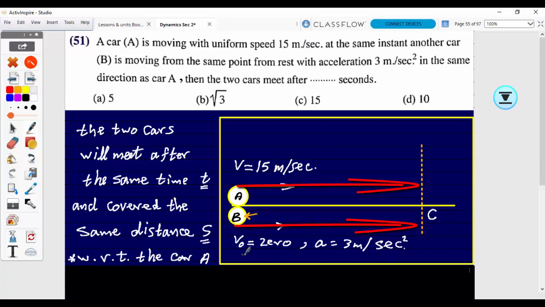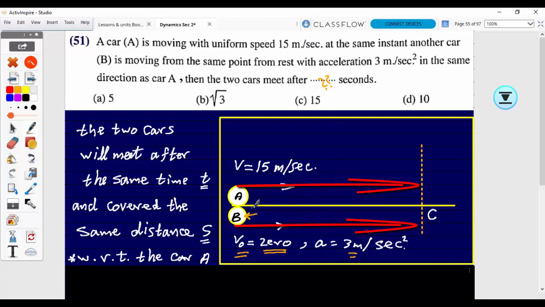So its initial velocity V naught equals 0, with acceleration 3 meters per second squared in the same direction as car A. Then the two cars meet after how many seconds?